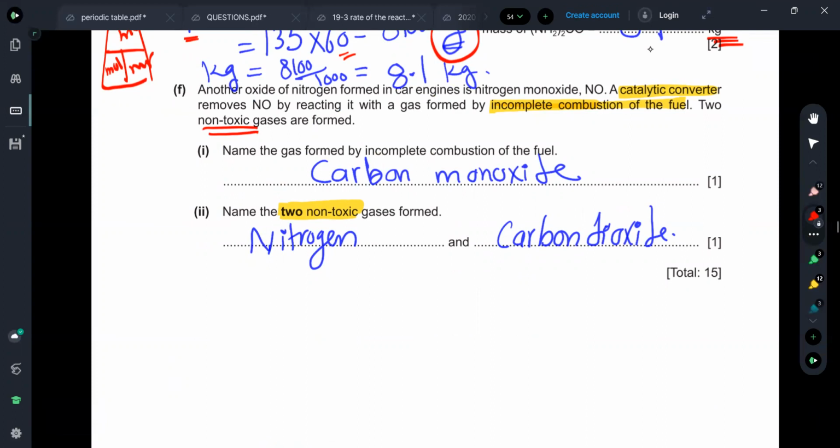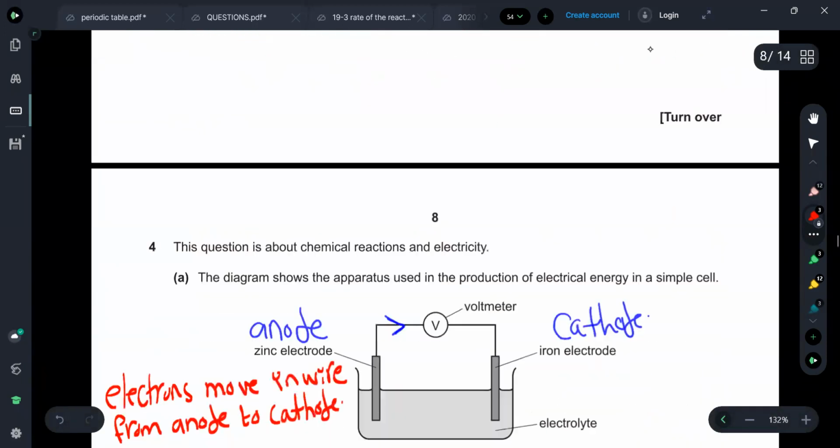Question number 1: name the gas formed in incomplete combustion. Incomplete combustion means burning in an insufficient or limited amount of oxygen. The product will be carbon monoxide. Gas formed: carbon monoxide. Name the two non-toxic gases. The non-toxic gases are nitrogen and carbon dioxide.